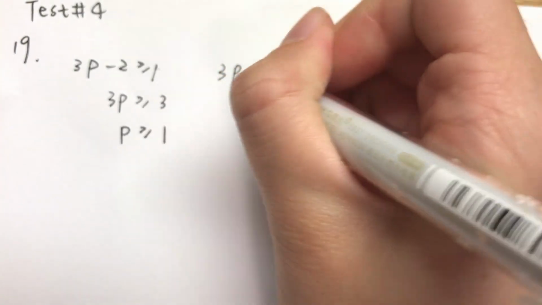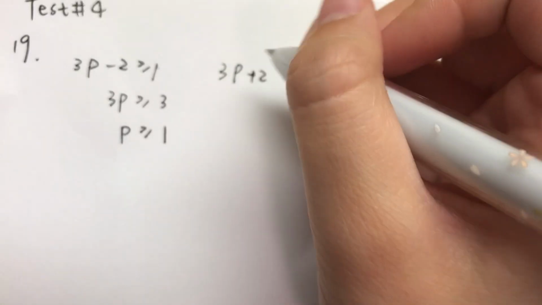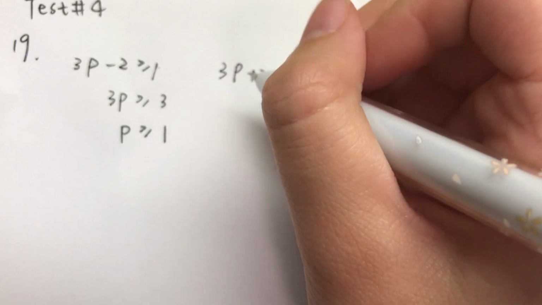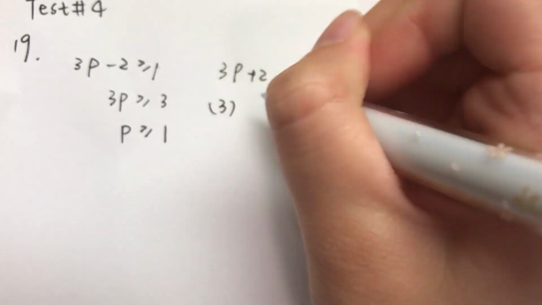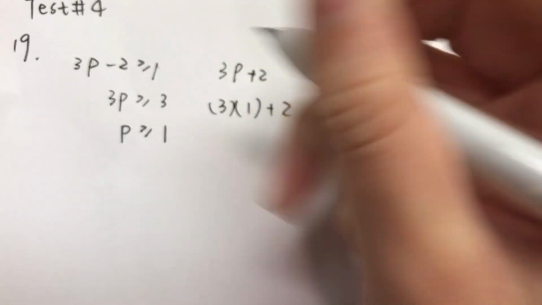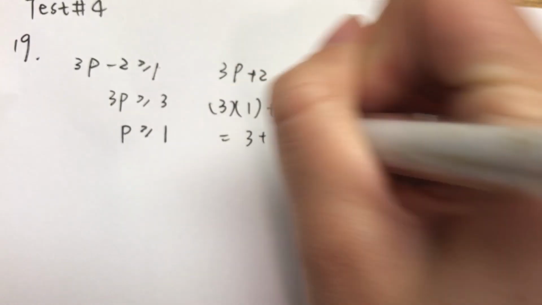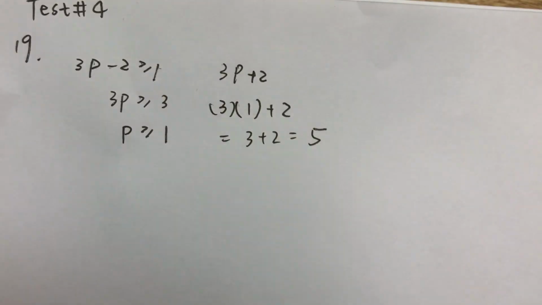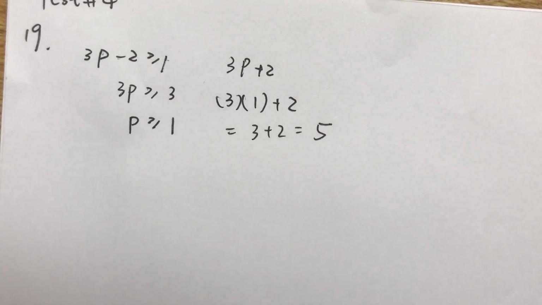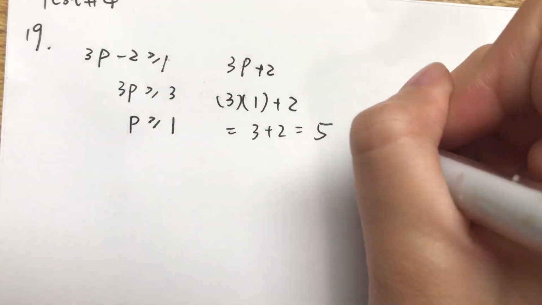If p is equal to 1, we just plug in, and 3 plus 2 is 5. So if p equals 1, the expression equals 5. So the correct answer is A.